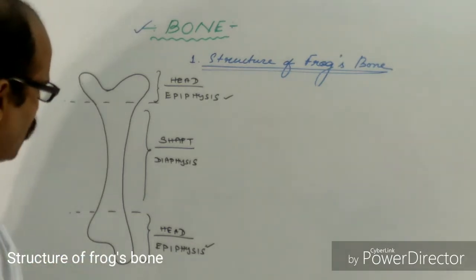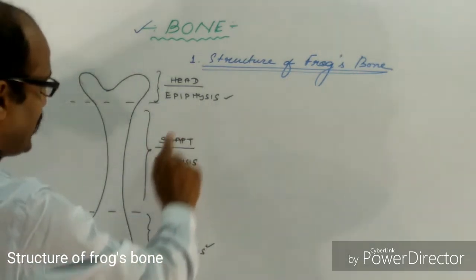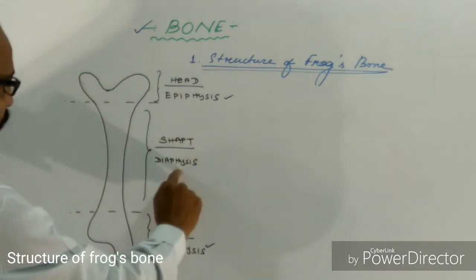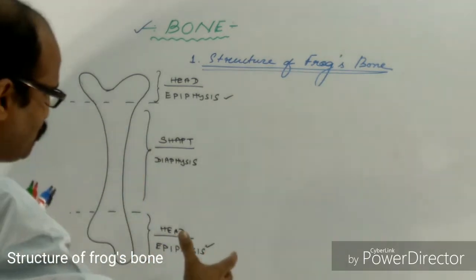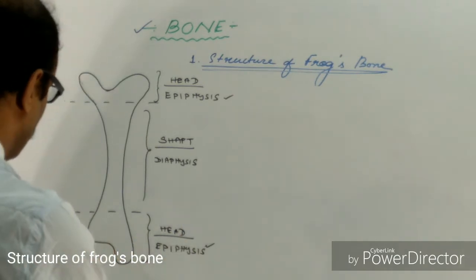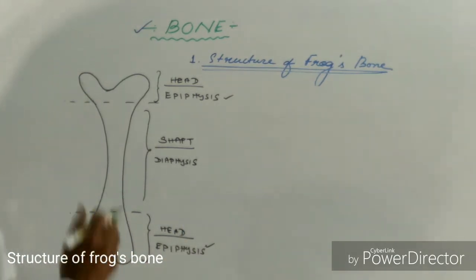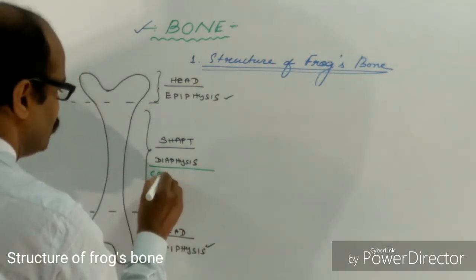On the basis of the compactness of these two regions, epiphysis and diaphysis, the diaphysis region, the shaft region, is more compact, and that's why this region is also known as the compact bone.